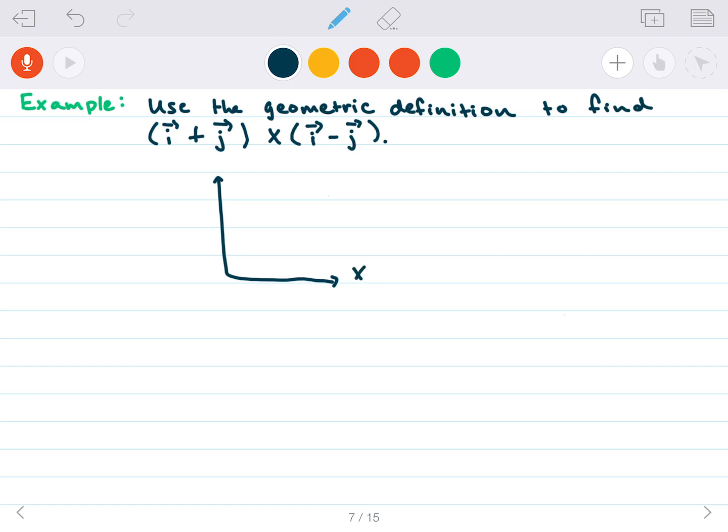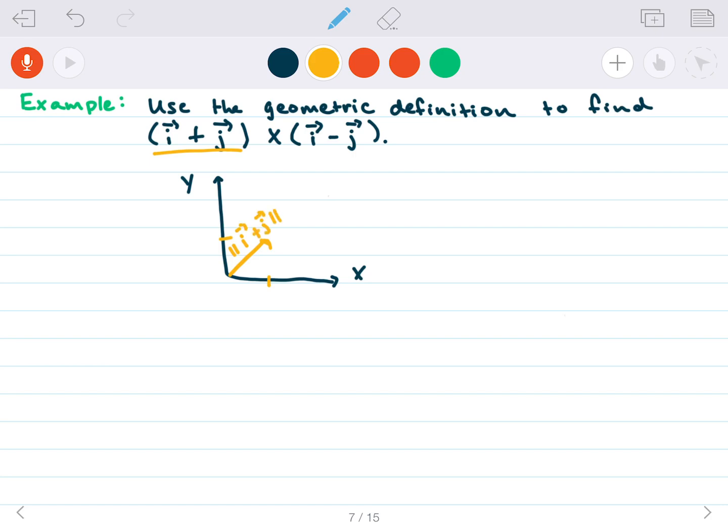That makes our lives easier a lot of the times. And so the first vector we have is 1i plus 1j. So if I go 1 out in the x direction and 1 out in the y direction, my vector looks something like this. All right, so this length is the magnitude of i plus j.